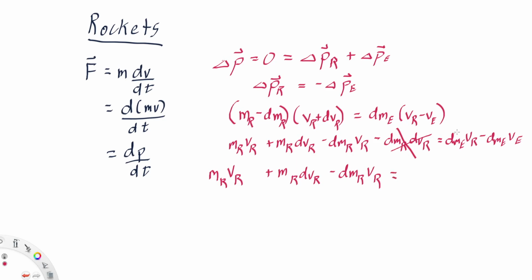And on the other side, instead of dm, the mass of the exhaust, we're going to write minus the mass of the rocket. And the same, we're going to replace this minus differential mass of the exhaust with a positive differential mass of the rocket.